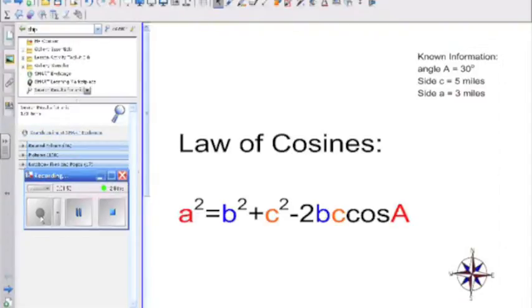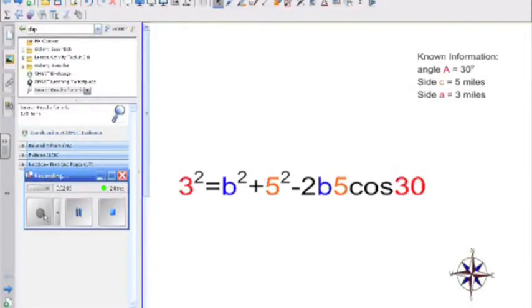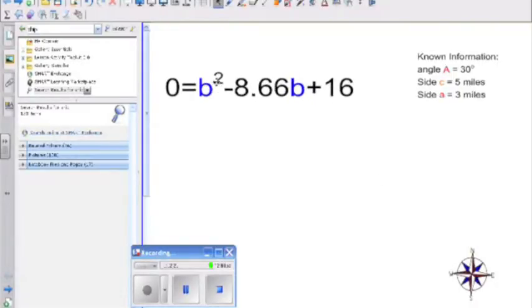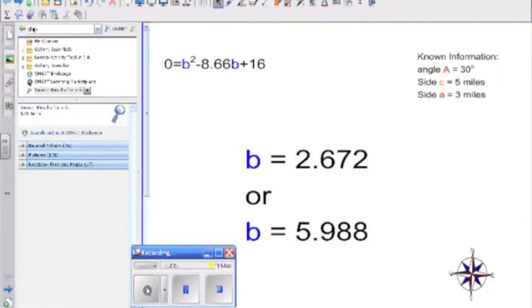A squared equals B squared plus C squared minus 2BC times cosine A. Plug in the known values for lengths a and c, as well as angle A. This solves to a quadratic, which we can plug into the quadratic formula. b equals 2.672, or b equals 5.988.